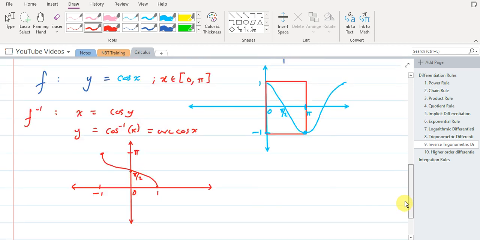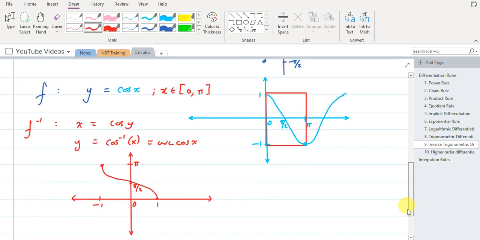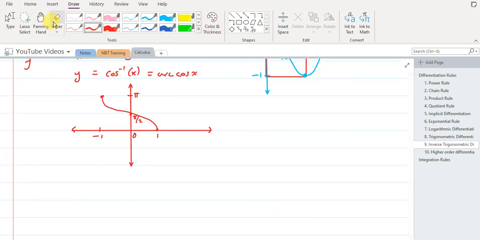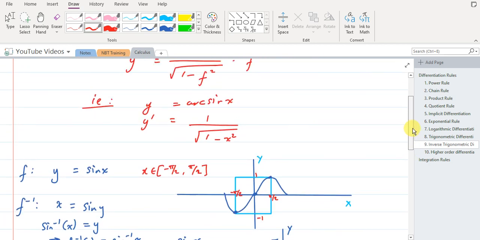Now similarly for y is equal to tan x, let me just say this is number 3.